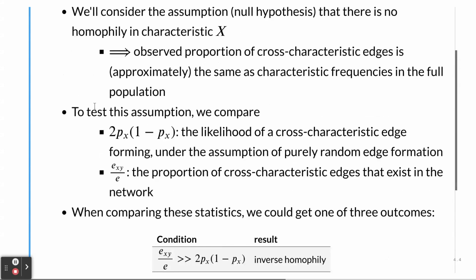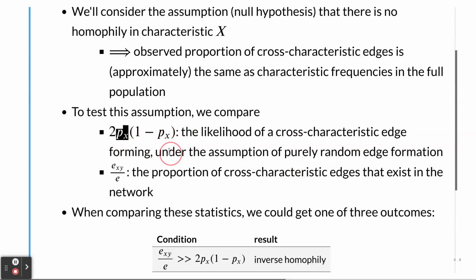More concretely, we would test this assumption by comparing our frequency of cross characteristic occurrences from just the node and context data in our data frame, which would be 2 times the probability of one node having type X and one node having type not X. And this represents again the probability of a cross characteristic edge forming under the assumption of purely random edge formation.